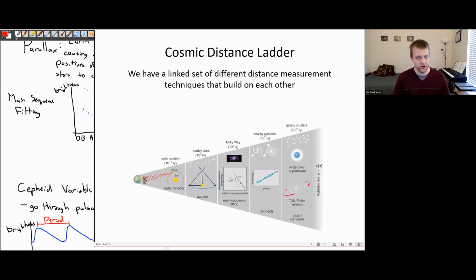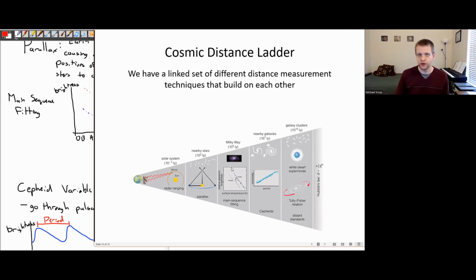Well, some of those clusters that we can use this method to measure the distance to contain Cepheid variable stars. And that's how we got that luminosity versus period relationship for those Cepheid variable stars. But then we can use that to measure even further distances to relatively nearby galaxies.